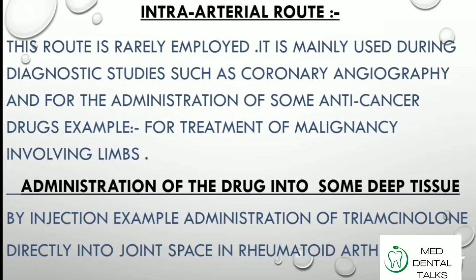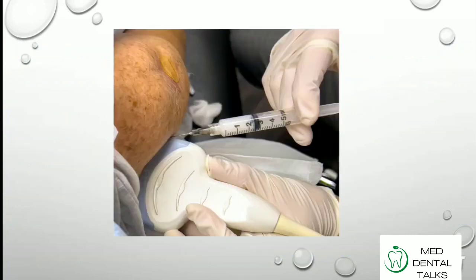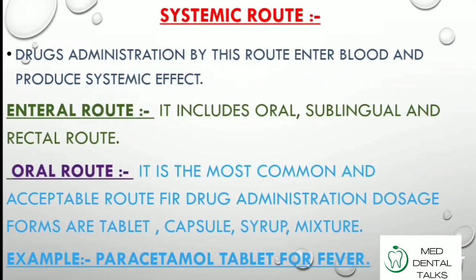Deeper tissues can be approached by using a syringe and needles. For example, intrathecal injections and some injections directly into the joint space in rheumatoid arthritis. Here the image shows the injection in rheumatoid arthritis.